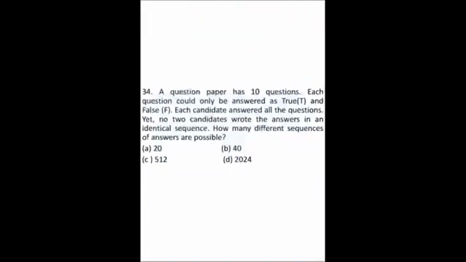The question paper has 10 questions. Each question could only be answered as true, T, or false. Each candidate answered all the questions, yet no two candidates wrote the answers in an identical sequence. How many different sequences of answers are possible? Here each question has two answers, true and false.